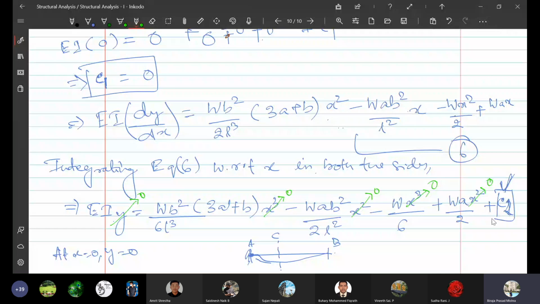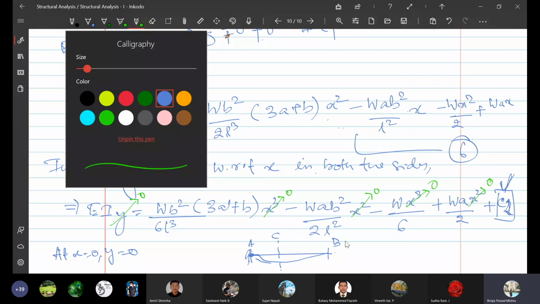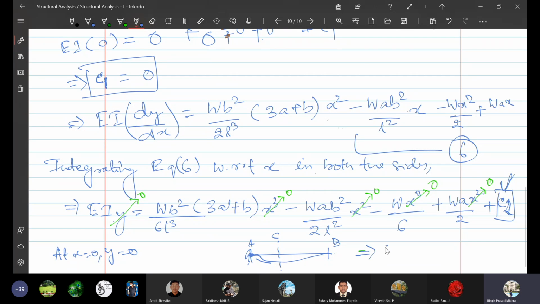So can I say C2 equals 0? Am I correct? Yes or no? Tell me. So C2 is 0.